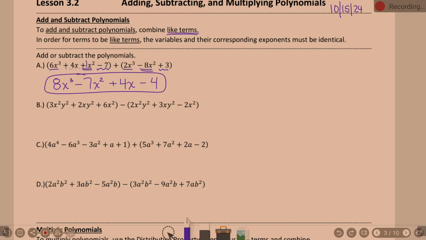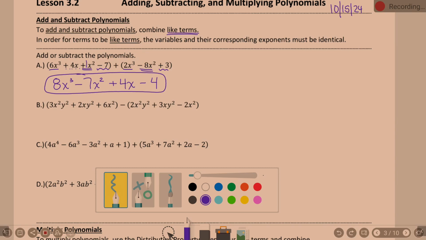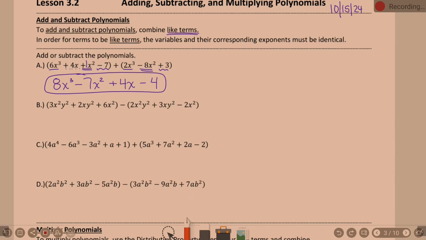Okay, let's look at B. What do you notice about B? It's a subtraction problem. That's important. You have to pay attention to what sign is in the middle, because that means everything in the second parenthesis is being subtracted.